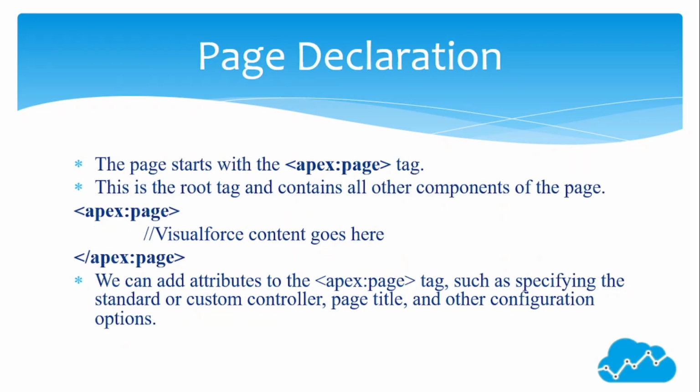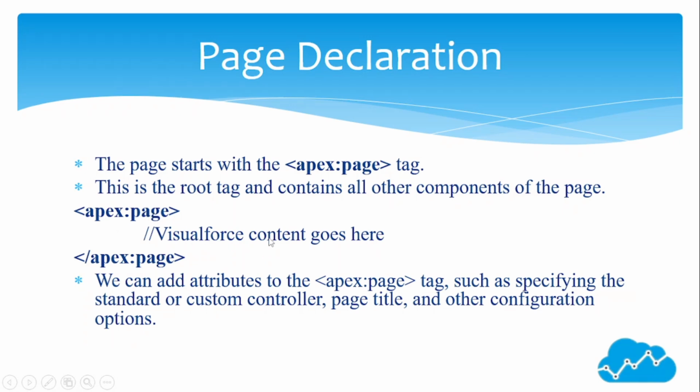Page declaration. The page starts with the tag apex:page and ends with a slash symbol. This is the root tag and contains all other components of the page. So this is the basic structure, apex:page.